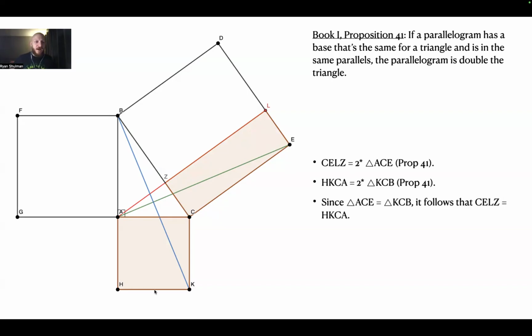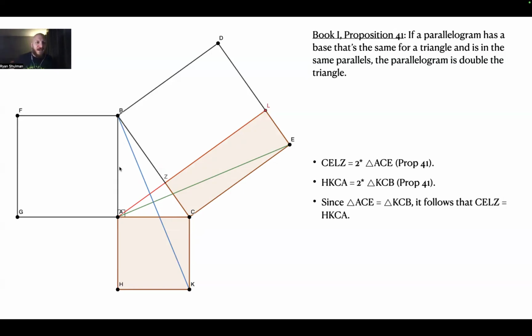And then square HKCA shares a base with triangle KCB, namely the side KC right here. And we know that KC and HB are parallel, again, because we have shown that HB is just a straight line.